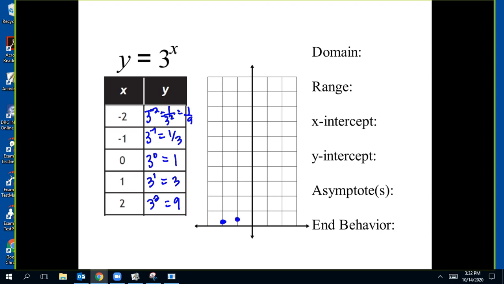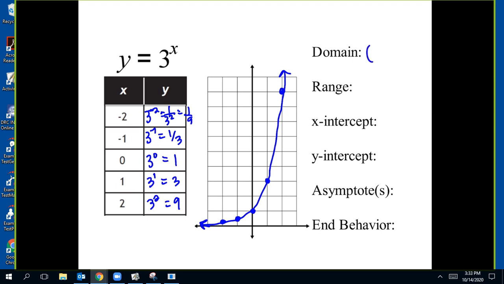Negative 1, 1/3; 0, 1; 1, 3; and 2, 9. If you know the pattern, think about the sequence, it will just keep going forever and ever. If we keep going negative, these will be 1 over 27, 1 over 81, and so they get closer and closer to 0.